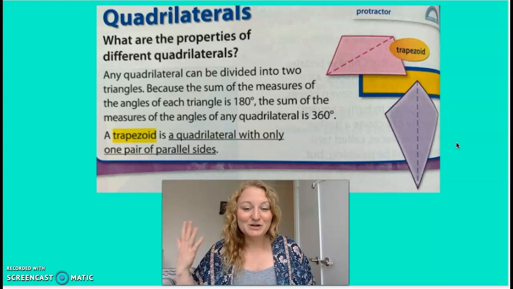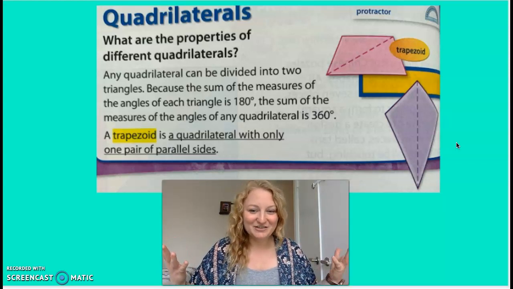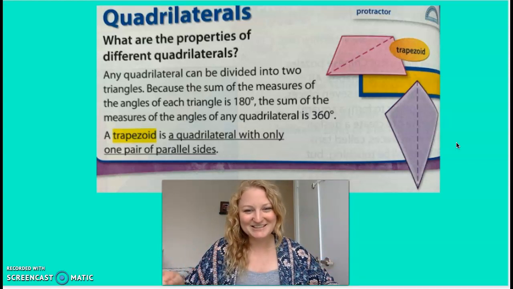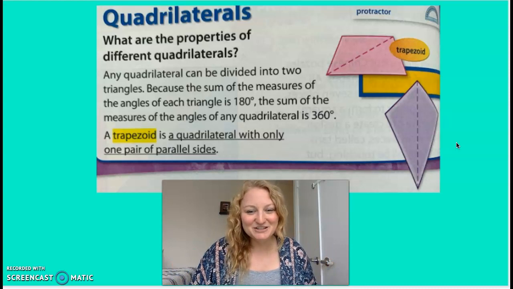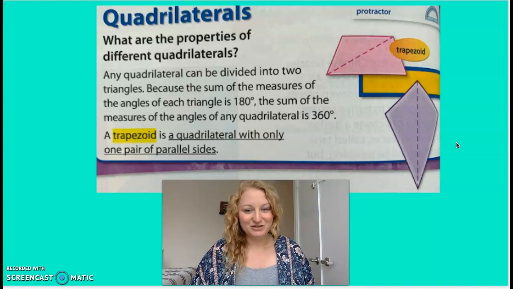So if we add up 180 degrees of one triangle and 180 degrees of the other triangle, all together we get 360. So the measures of all four angles inside of a quadrilateral should add up to, or have a sum of, 360 degrees.